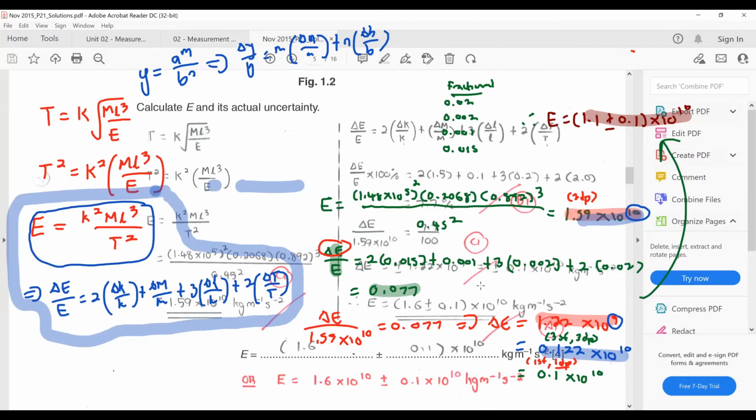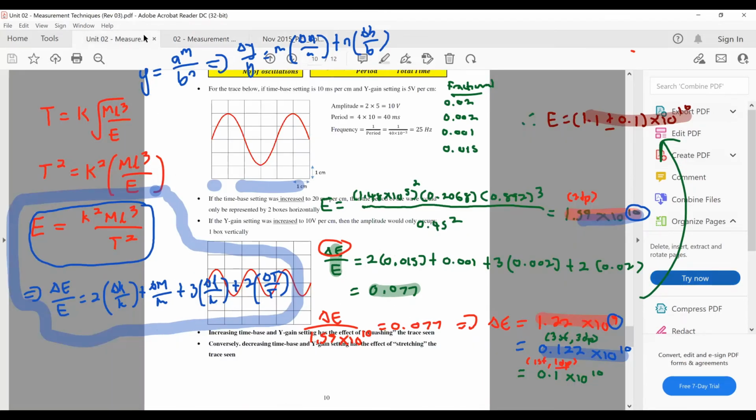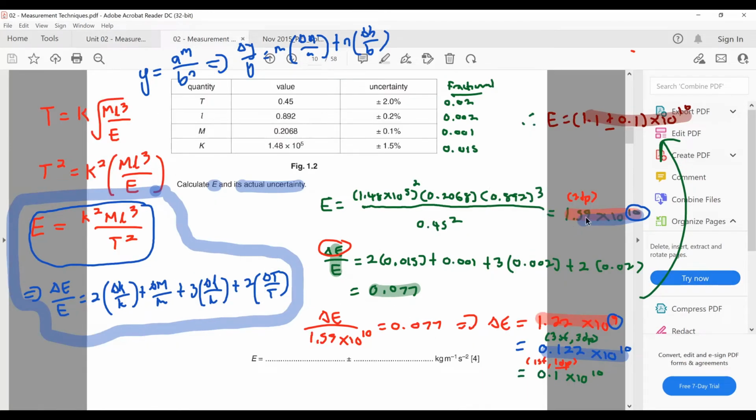Sorry, not 1.1, it's 1.59, my mistake, so 1.6. E is 1.6 plus minus 0.1 times 10 power 10. Okay, this is the most straightforward method that you can use right now.